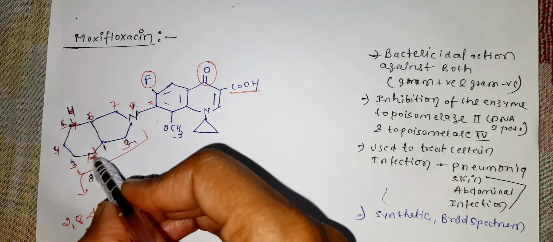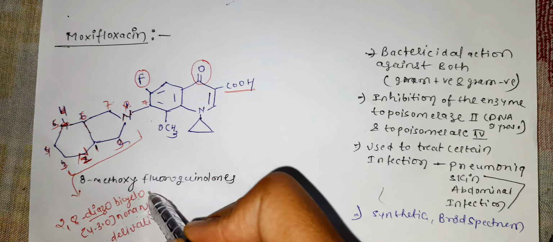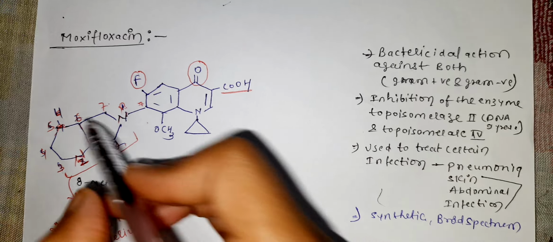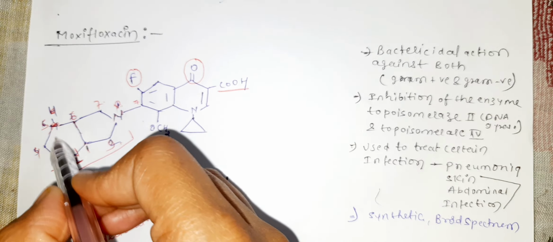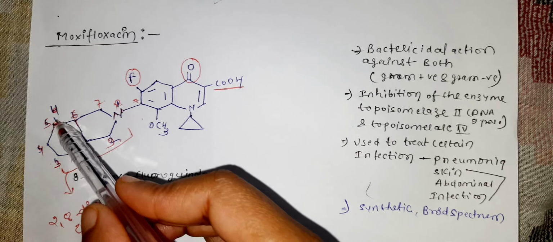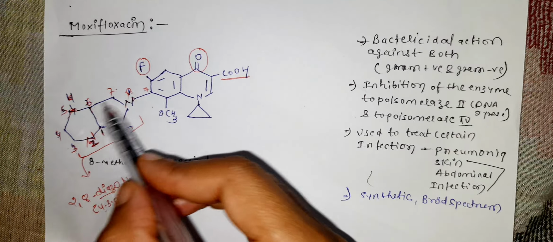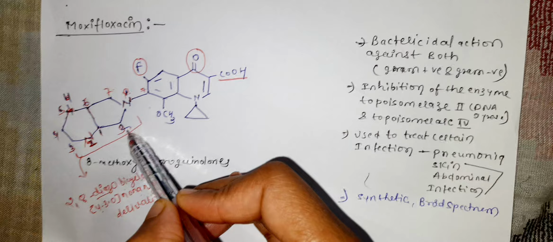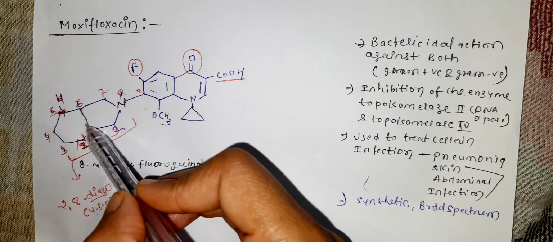So 2,8 diaza, and the ring system is bicyclo, and this is the bridge, and on this side of the bridge there are 1, 2, 3, 4 atoms, and here there are 1, 2 and 3 atoms, and this bridge has 0.